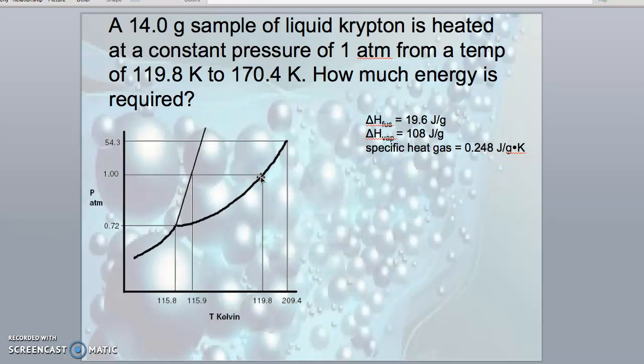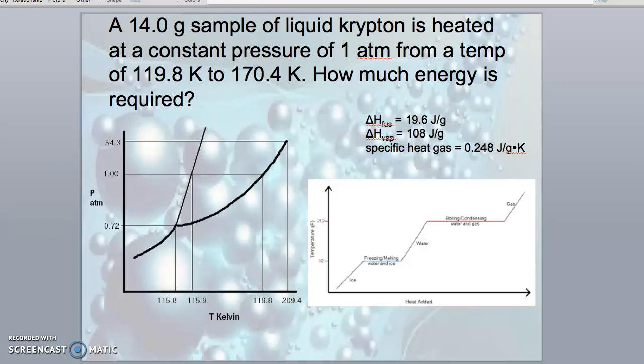And really what this comes back to is it's kind of like these heating curves that we did back in Chem 111. So this heating curve doesn't go with this. I just wanted you to see a heating curve. But where we are right here, when we're in the liquid state and we're on that equilibrium line, that's like being right here. So to calculate this, we have to calculate this part.